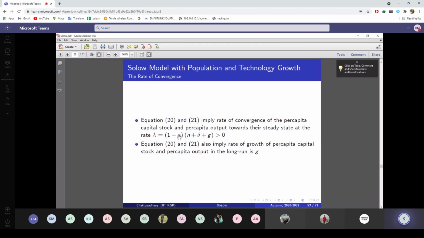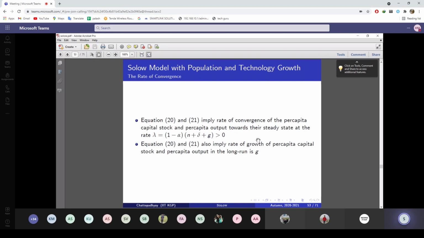Alpha is known to me. That means I can calculate the convergence rate for different countries, how long it is taking to converge to the steady state. What they realized from their research is that this particular equation gives me a very fast convergence to the steady state, which is not matching with the data.